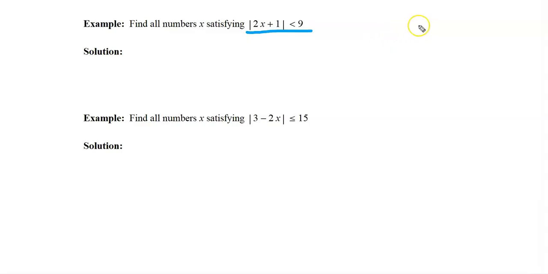So what we want to do, recalling that absolute value of x less than a is equivalent to x being between -a and a, is use this to rewrite this without the absolute values, so that would be the same as writing this. Now what we want to do is isolate x in the middle.